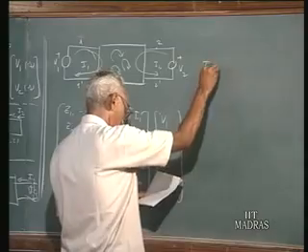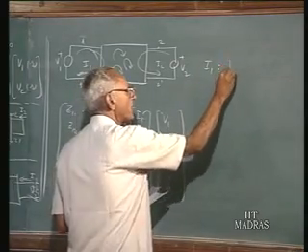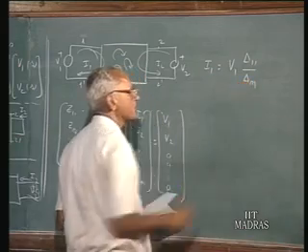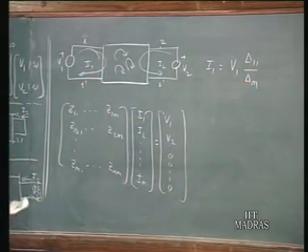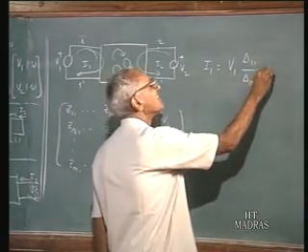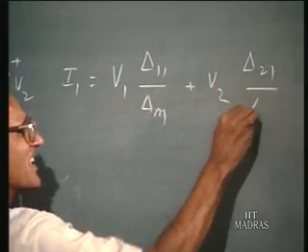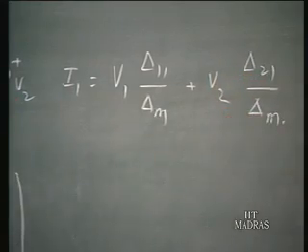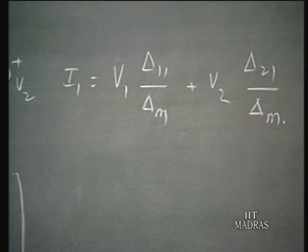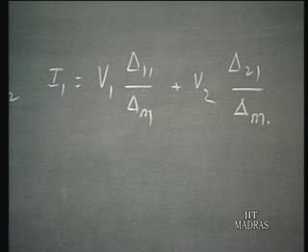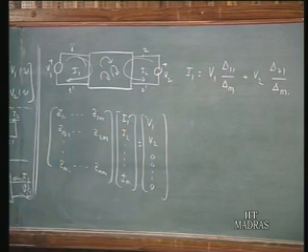I1 equals V1 times delta 11 by delta m, where delta m is the mesh basis system determinant and delta 11 is the cofactor, plus V2 times delta 21 by delta m. That is, when you are calculating I1, you replace the first column by this column V1, V2 and zeros.